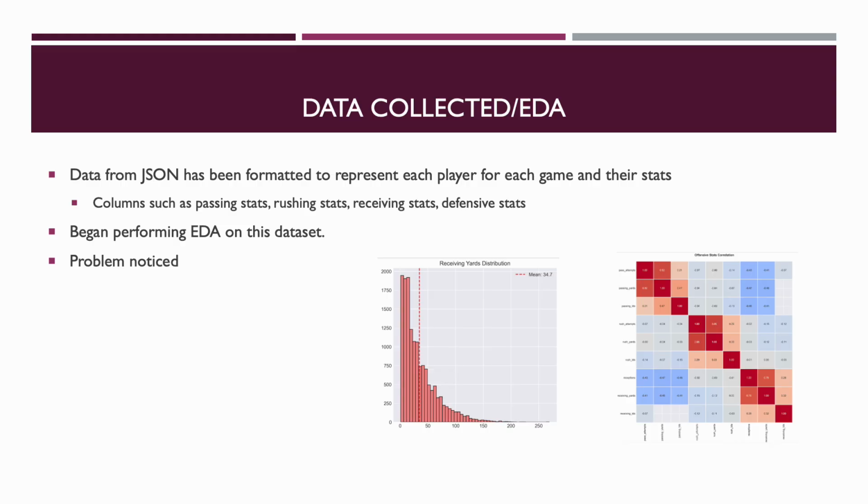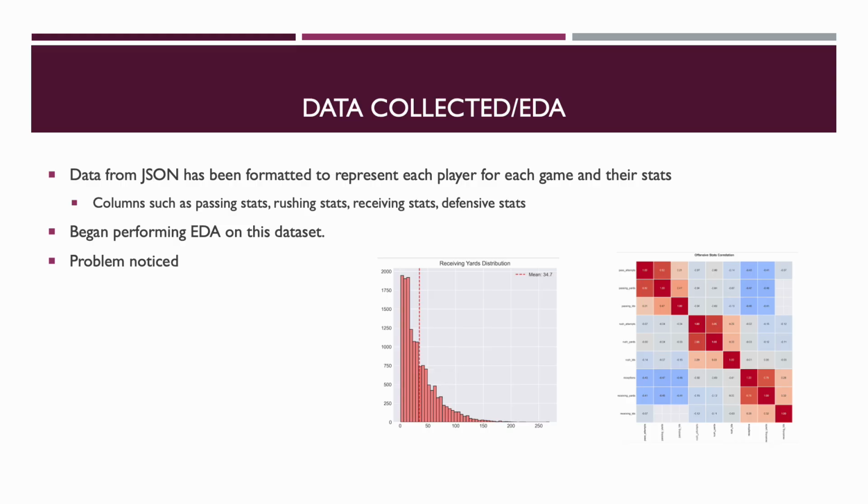It had a data set of all players because I want to be able to account for that. But since I was just taking all the players and looking at their stats, some players, such as a defensive player, wouldn't have stats at all on their receiving, passing, or rushing because they just don't play offense.